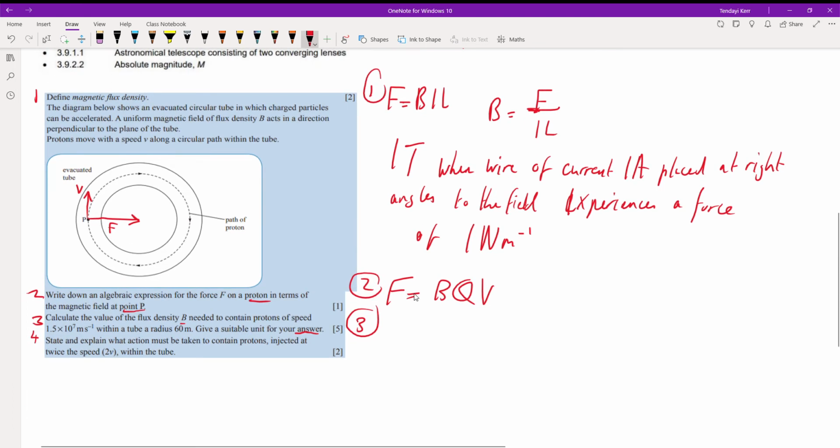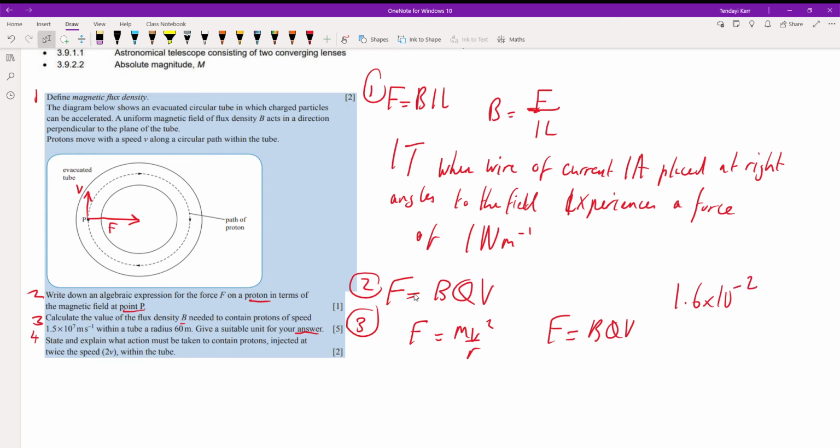So let's do that. F equals mv squared over r. F equals BQV. We're going to equate the two. It's a proton, so we know the mass is 1.67 times 10 to the minus 27 kilograms. That's on your formula sheet. And we know the charge on the proton is 1.6 times 10 to the minus 19 coulombs.